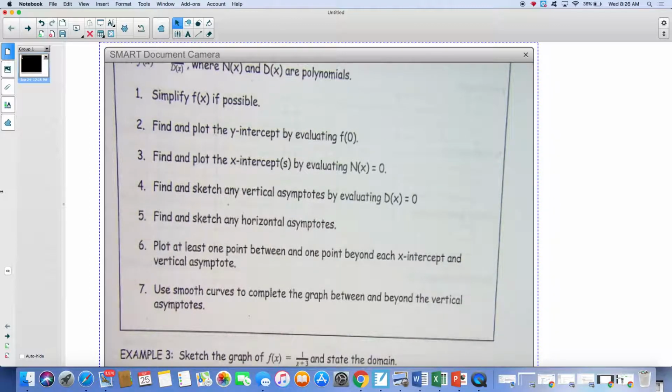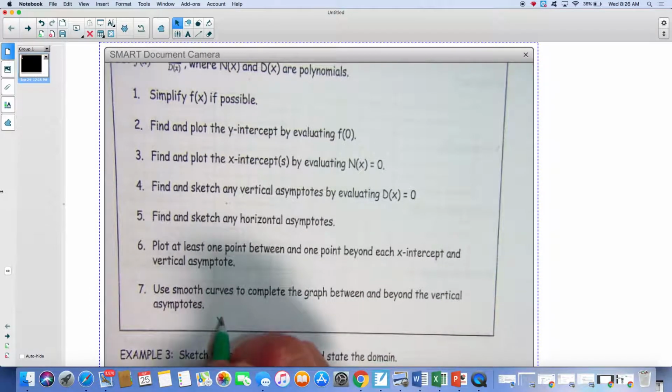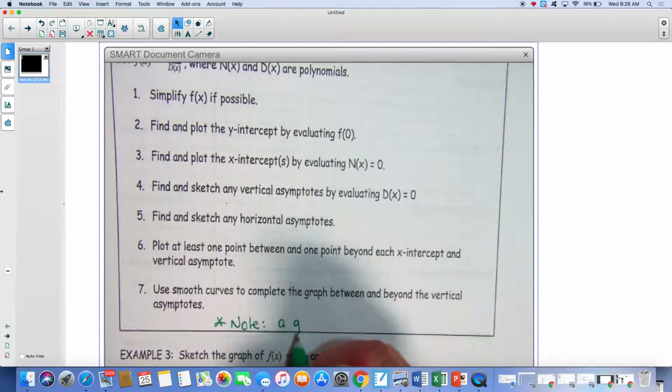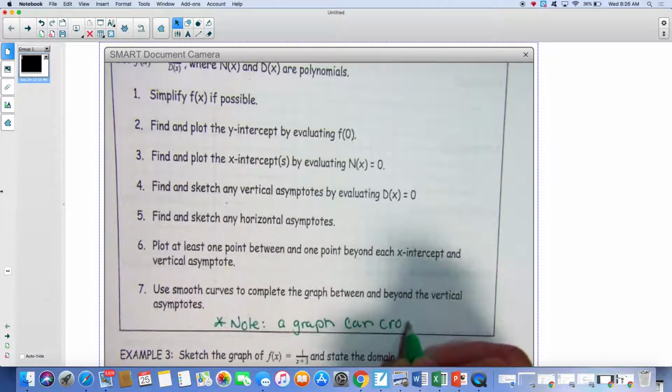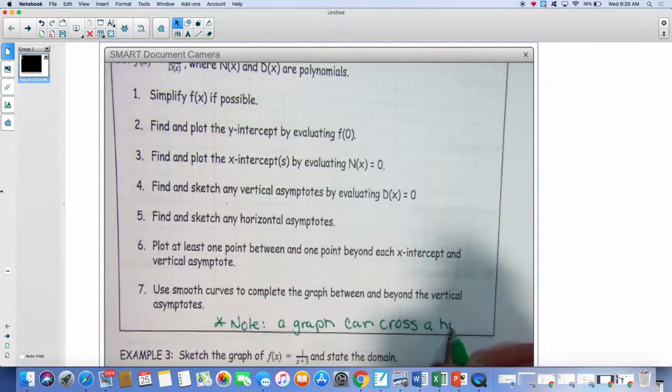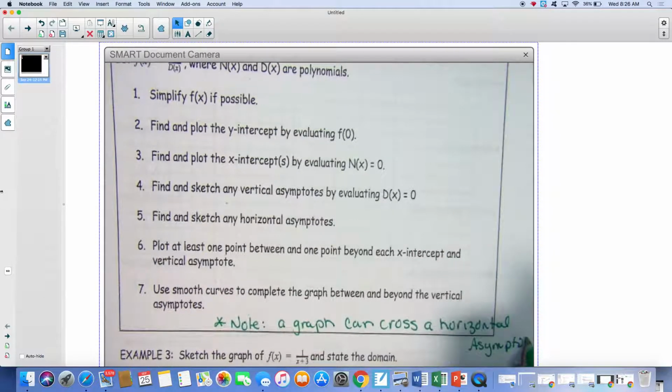Now, a graph can cross a horizontal asymptote. Okay? Let's just make that note. A horizontal asymptote is simply an asymptote that the graph approaches.